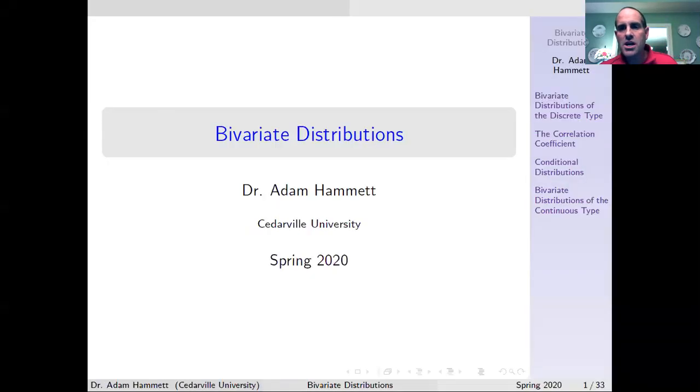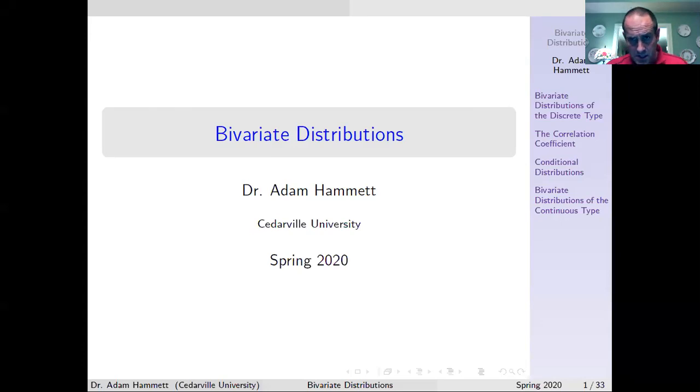So we've been talking almost exclusively about one random variable. Now we're going to move into a context in which we'll have multiple variables going on, and we're going to concentrate mostly on the case of two variables, in fact almost exclusively on that.